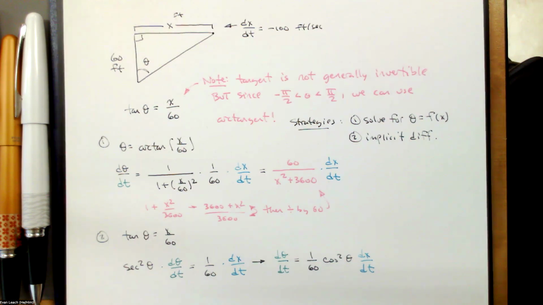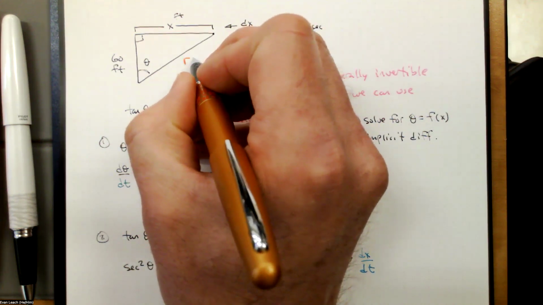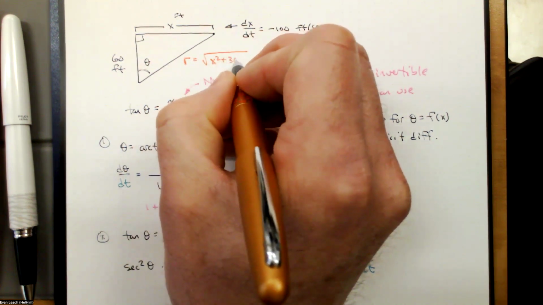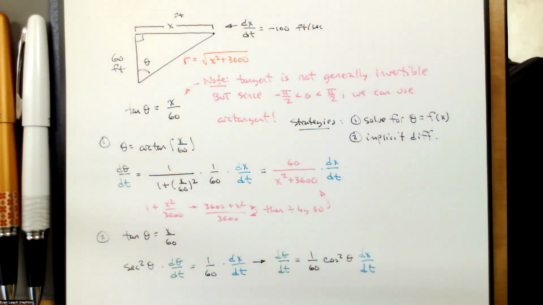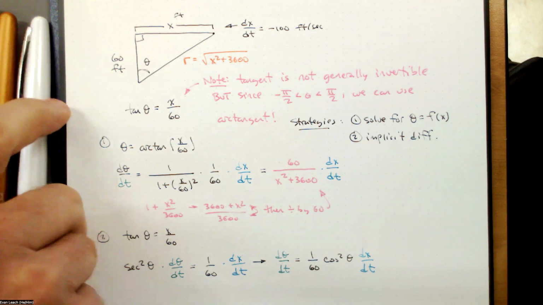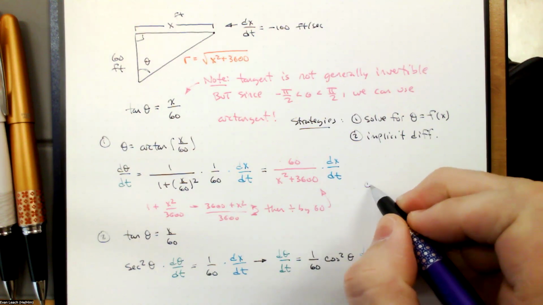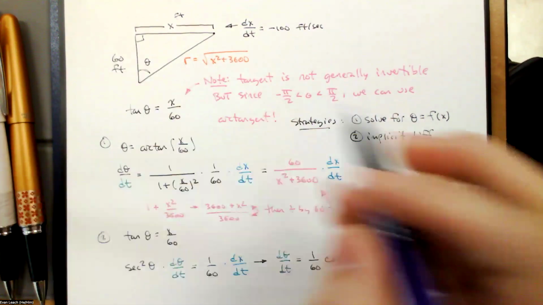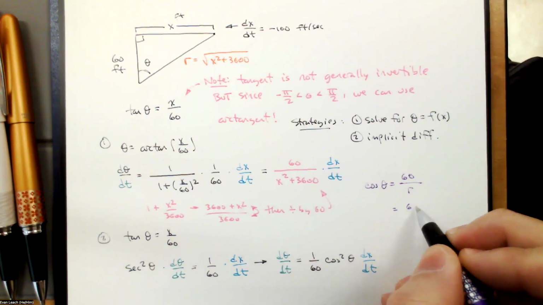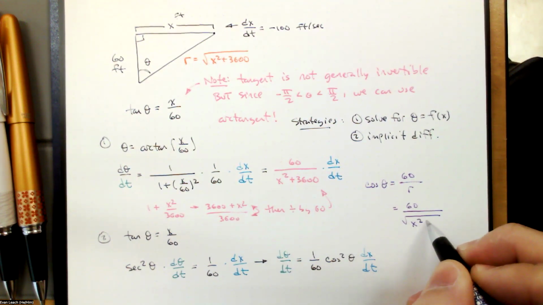If we go back to the original triangle, the cosine of theta will be adjacent over the hypotenuse. Adjacent is the 60, and the hypotenuse is this r. And we had previously calculated r to be square root of x squared plus 3600.